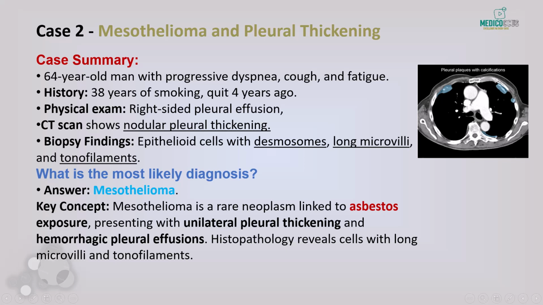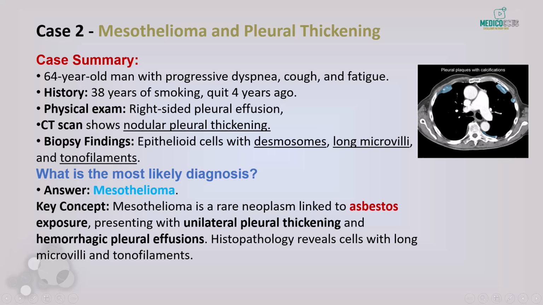Clinically, mesothelioma often presents with slowly progressive dyspnea, cough, and chest pain. Patients frequently develop pleural effusions, which can be hemorrhagic, as in this case. Imaging typically shows unilateral pleural thickening, and the lung parenchyma itself is usually unaffected.